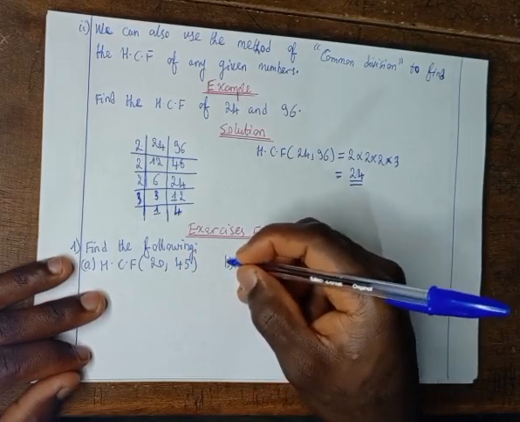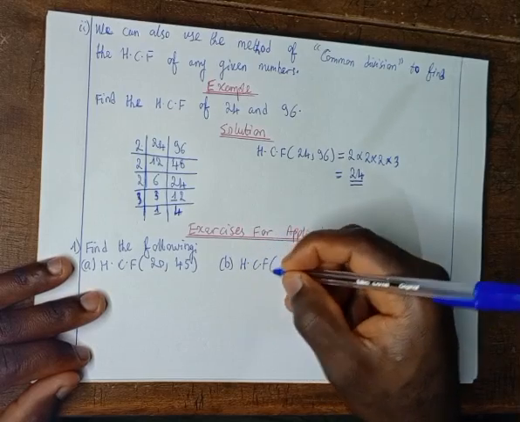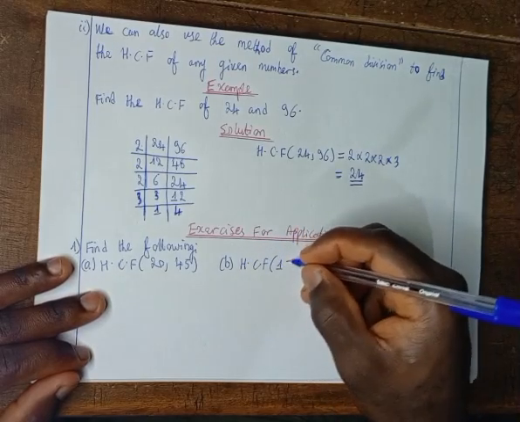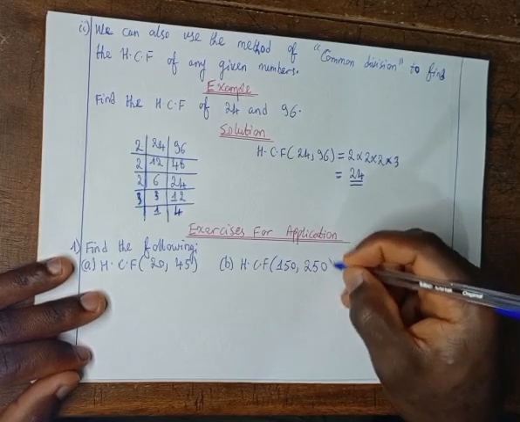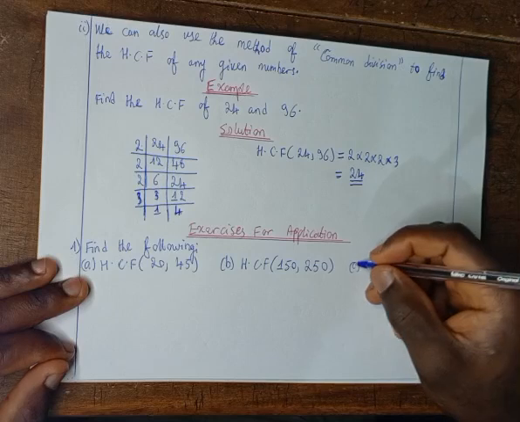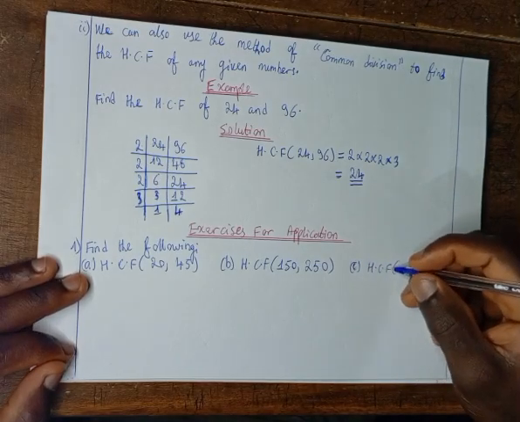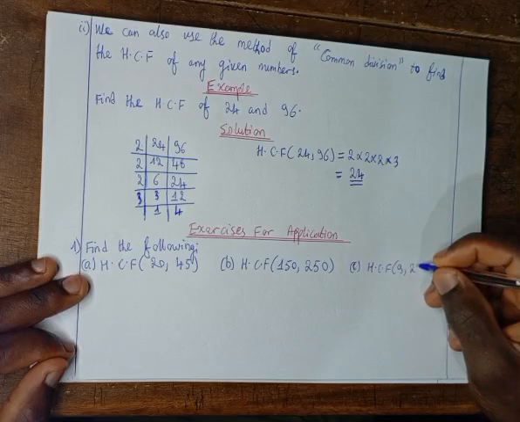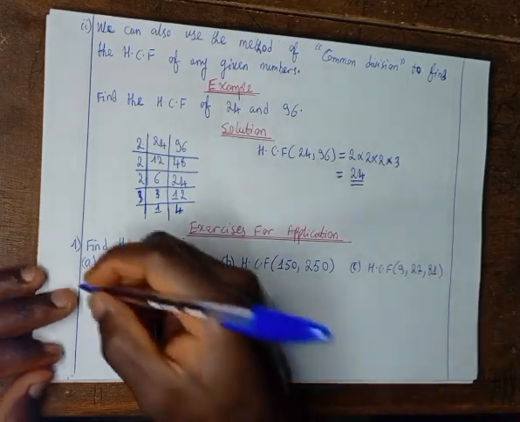For B, we have to find the H.C.F of the numbers 150 and 250. For question C, we have to find the H.C.F of the numbers 9, 27 and 81.